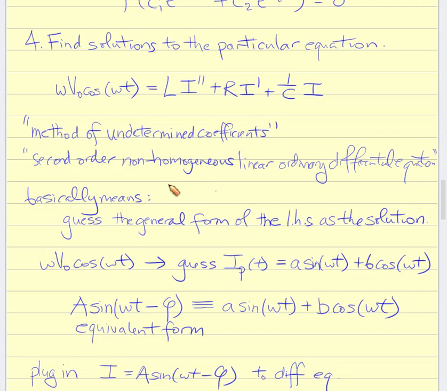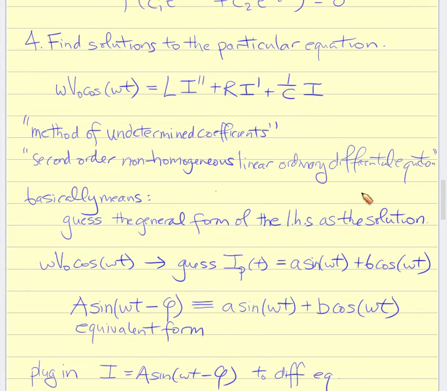Basically it means guess. What you're going to guess to be your solution is the most general form of what you see on the right-hand side here. Whatever particular function you're trying to solve for, you create the most general form of it that you can think of and then guess that as your solution.